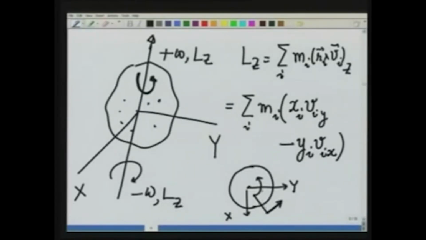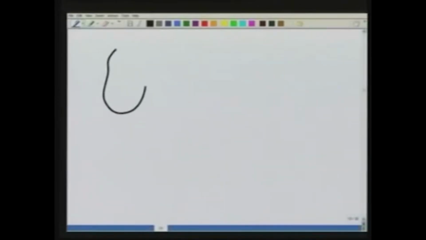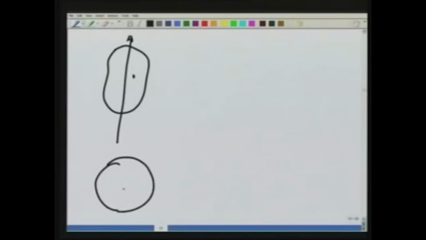Recall your planar polar coordinates, and r is obviously in the r direction. The magnitude of the velocity, let me make the figure again. This is the rigid body rotating, this is point i. Point i is really moving in a circle like this, with the magnitude of the velocity being r, where r is this distance, times omega.